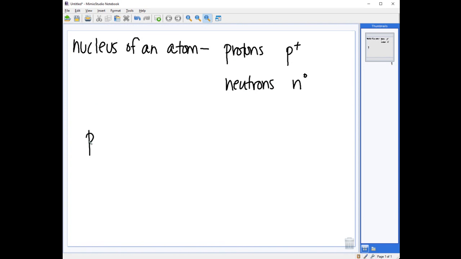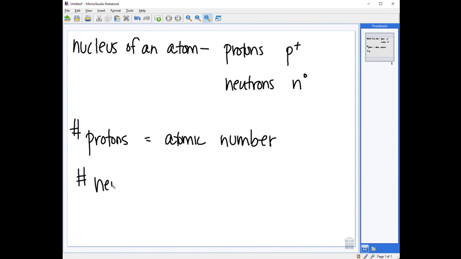Remember that the number of protons is equal to the atomic number, which is what gives our elements their characteristics and how they are arranged on the periodic table. Neutrons add mass to the atom because they don't carry a charge.